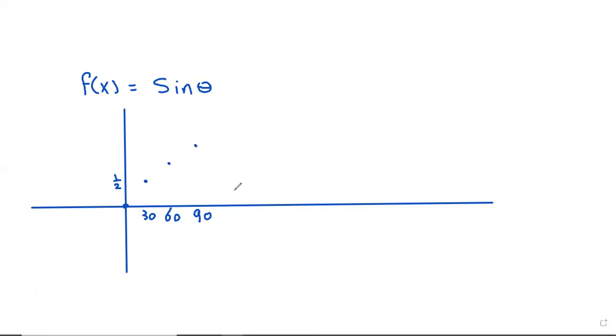After that, you will go down: sine 120 and sine 150 till sine 180. Sine 180 is 0. Sine 120 is sine of 180 minus 60, which is 0.8, and sine 150 is a half, and sine 180 is 0.